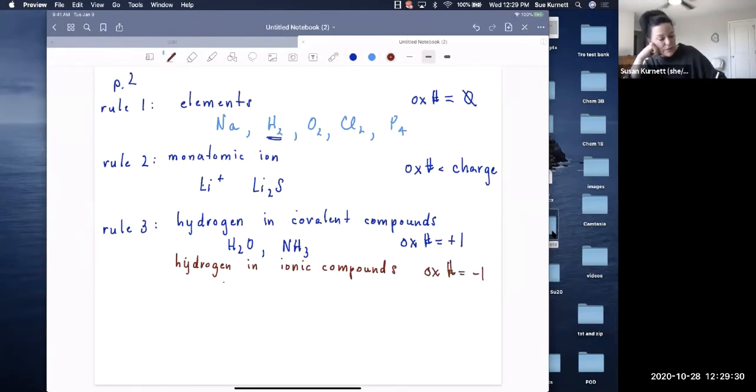So we could have sodium hydride. Sodium is +1, hydrogen here is -1. Lithium aluminum hydride. Sodium borohydride, you don't need all of these.